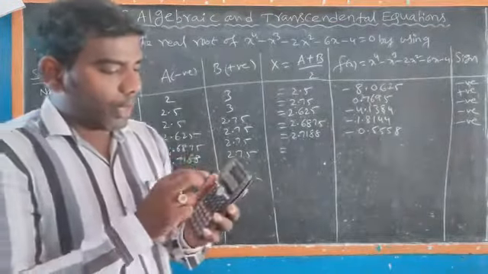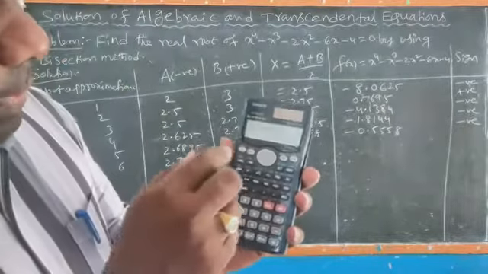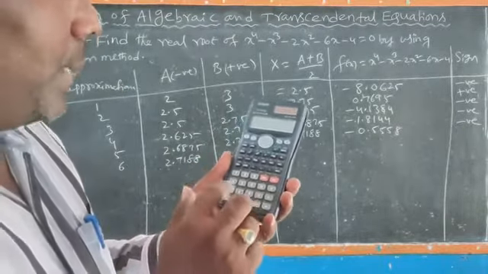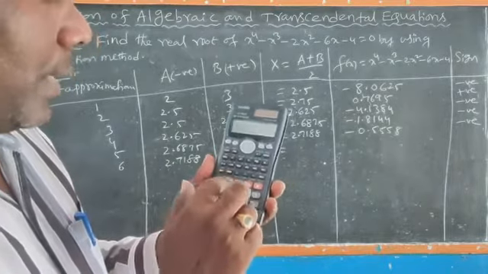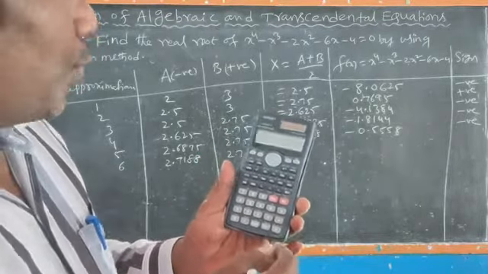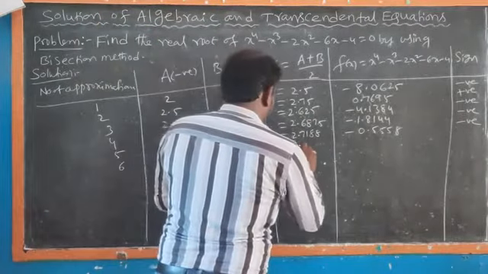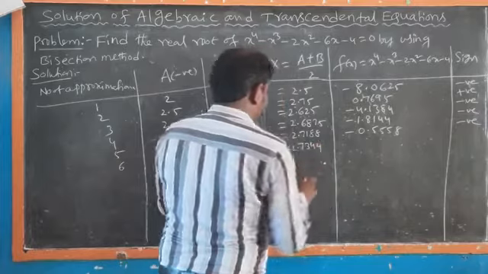Now go back, we get the formula. a value 2.7188, b value 2.75, then it equals 2.7344.